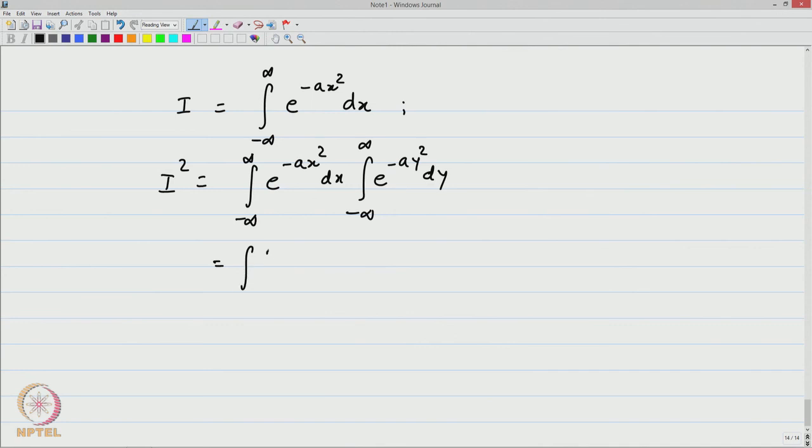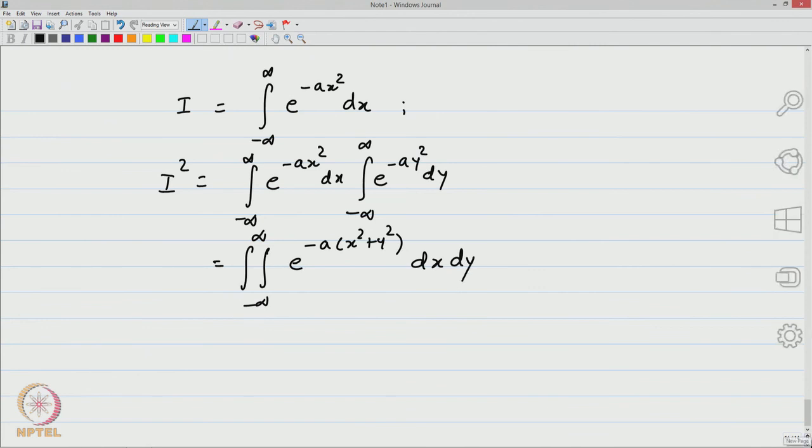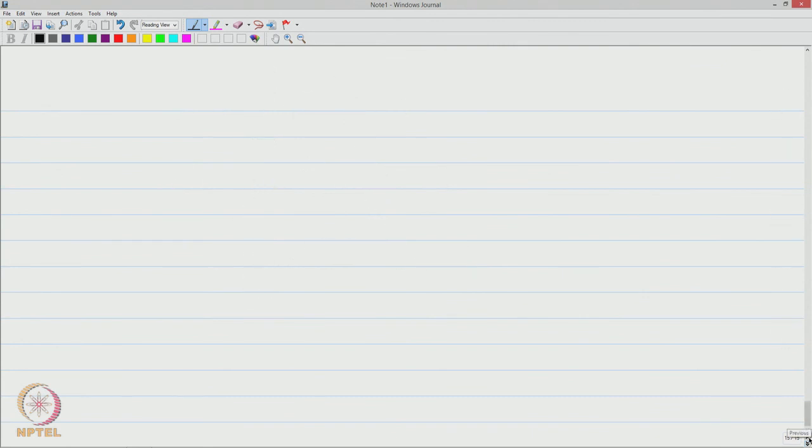Therefore, we can write this as a double integral between minus infinity to plus infinity e to the minus a(x square plus y square) dx dy. Now, what does this do? The integration is done over x and y for all values from minus infinity to plus infinity. So, let us assume that x is something like this.